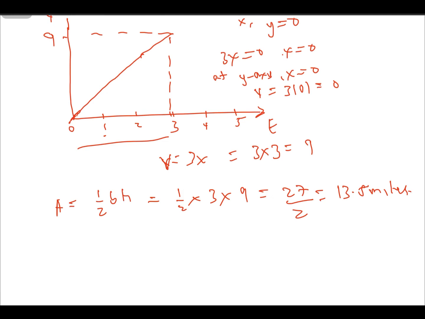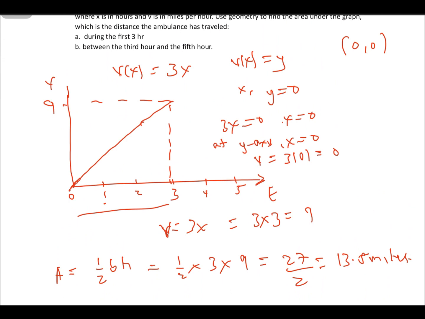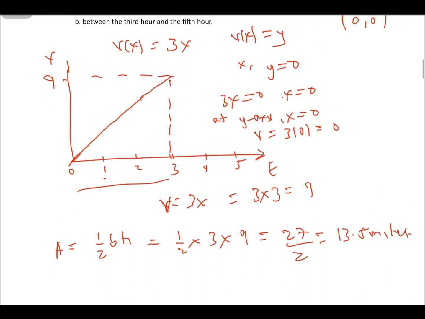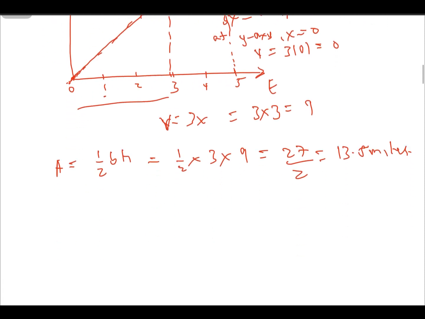So let's consider the second scenario. It said between the 3rd hour and the 5th hour. If you look at this place, we can see this is our 5th hour. It starts from 0 and moves up to this place. If we want the equivalent velocity value, we put in 5.